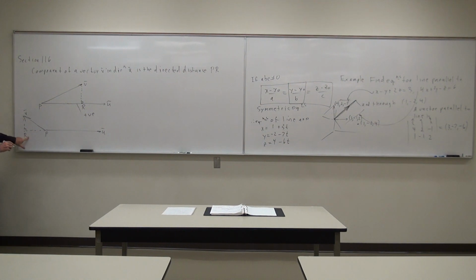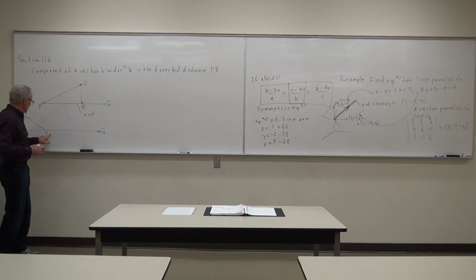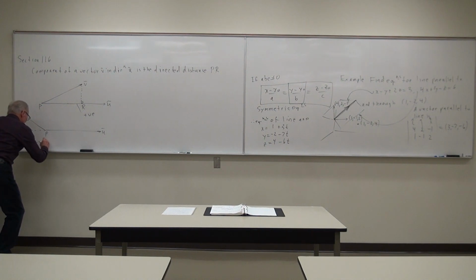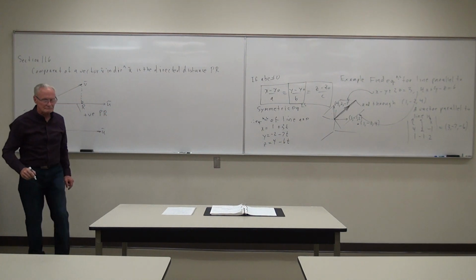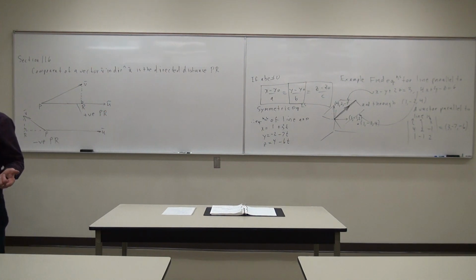This PR is regarded as negative when R is on the opposite side of P from the tip of u. So this one is a negative PR, and this one is a positive PR. So components can be positive or negative, depending upon the orientation of these two vectors.